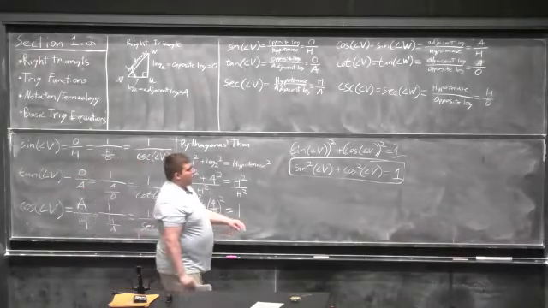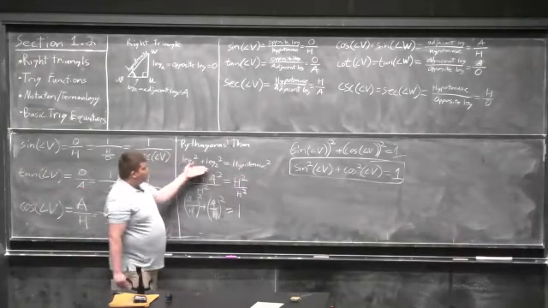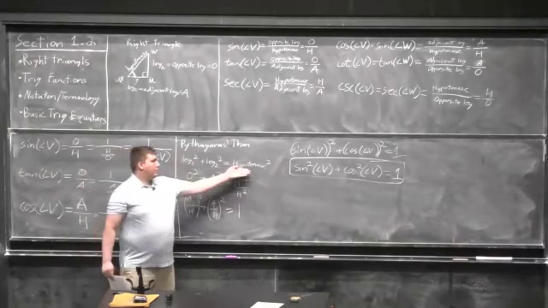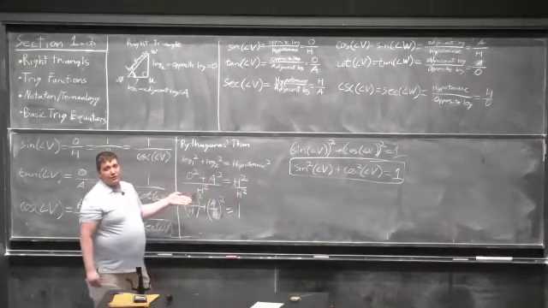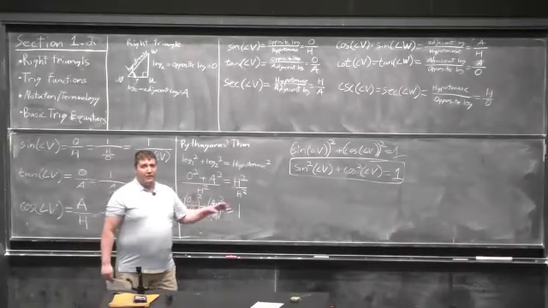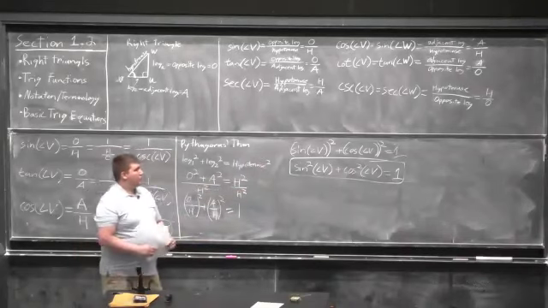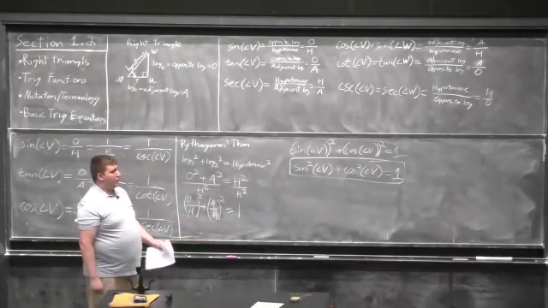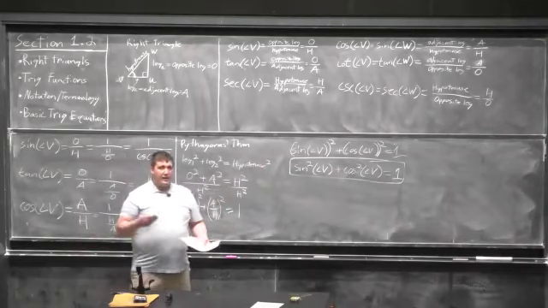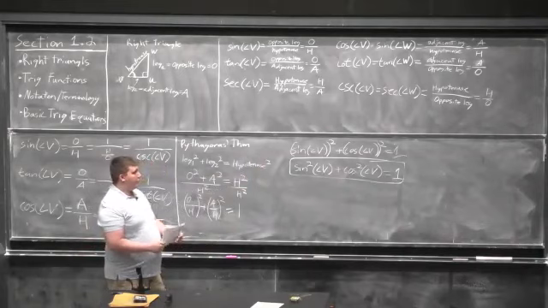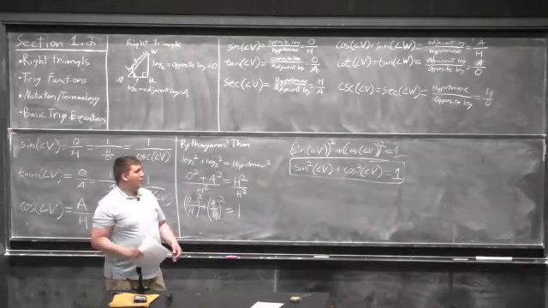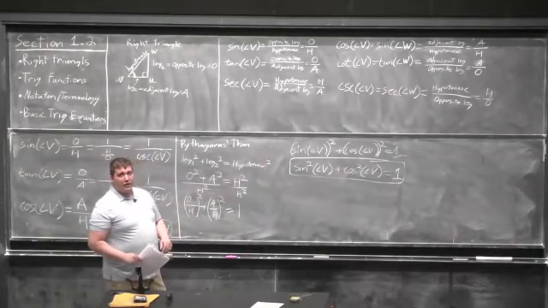Well, here we took Pythagoras' theorem and we divided by h squared, and that's how we generated this equation here. Let's use that same convention of dividing by something to get our other identities.